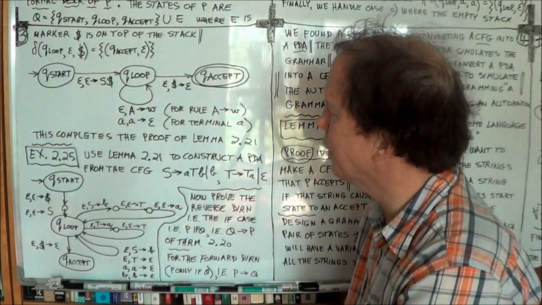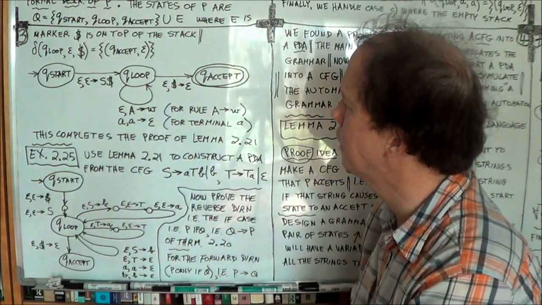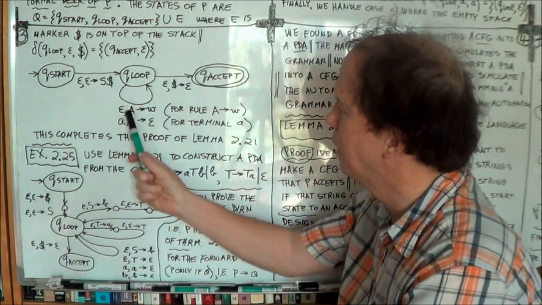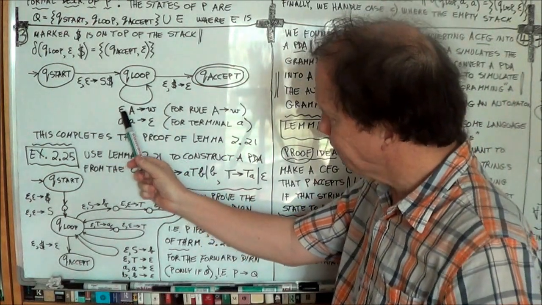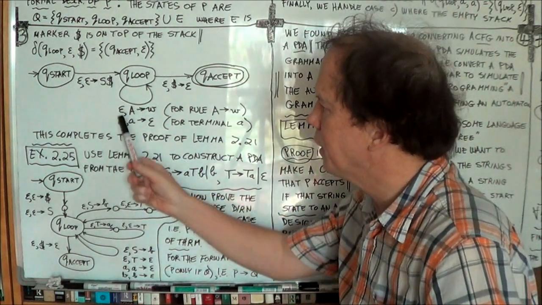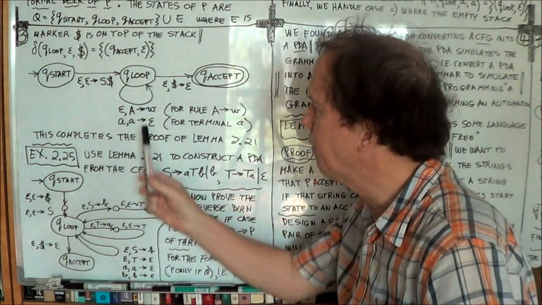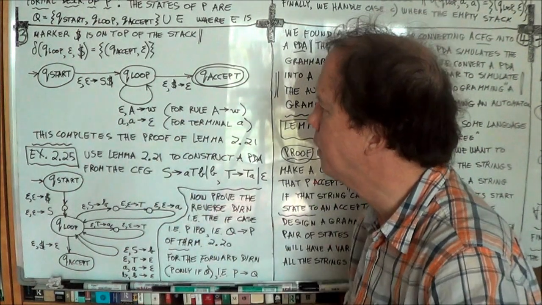So it's non-deterministic, right? Because we have two outputs. So you're making copies. Let's see. So what's going on here? You're ignoring what's at the input string. You're looking at the top of the stack and you see a variable.